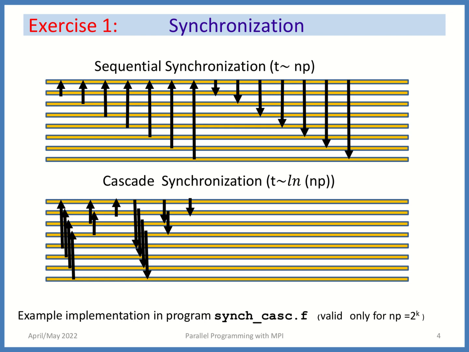That's the way these kinds of collective operations are implemented in the implementations. I have an example implementation which is valid with the number of processes a multiple of 2.